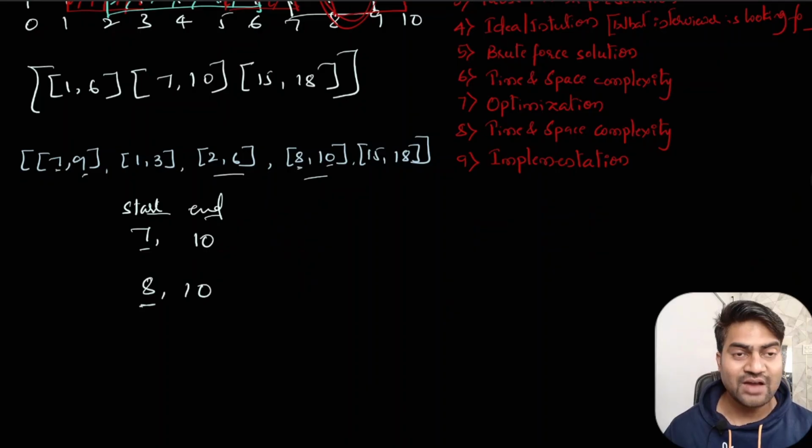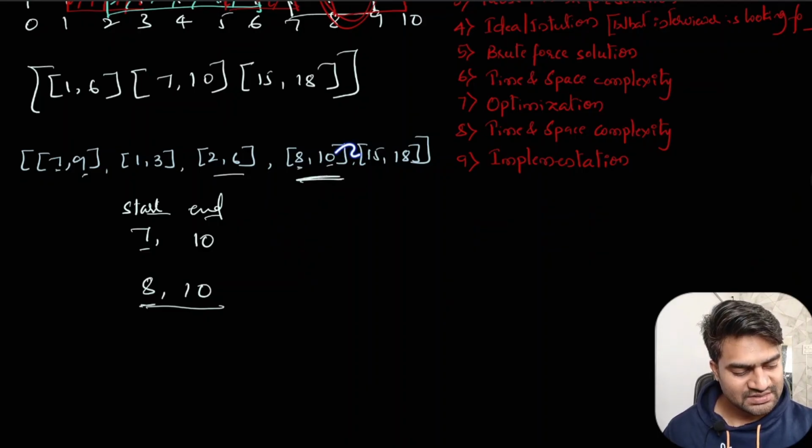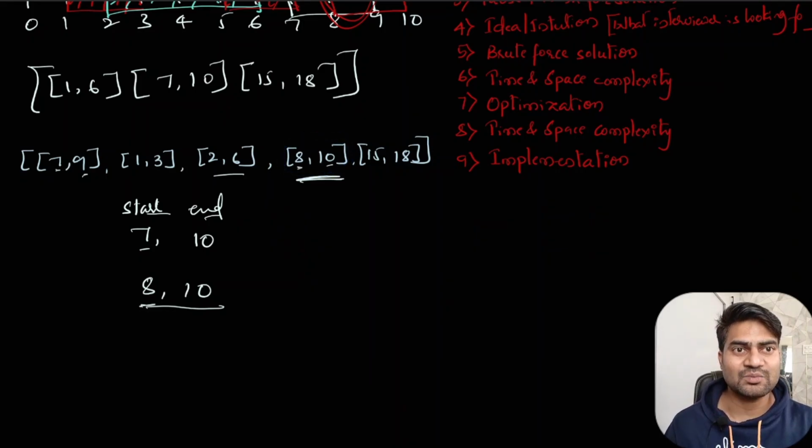Okay, so now what we did, we merged 8, 10 into our 7, 9, correct? So it means this particular value is used. For the next merging, we should not really consider this because this is already merged into some interval.